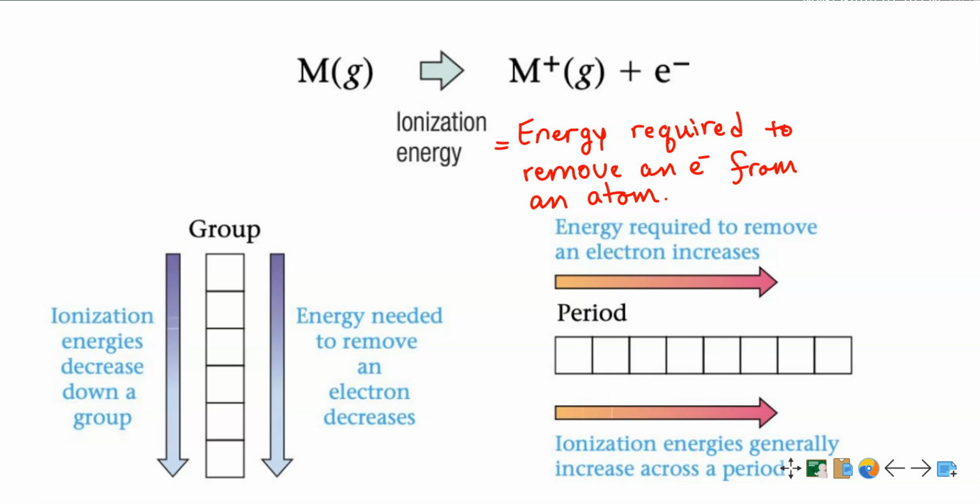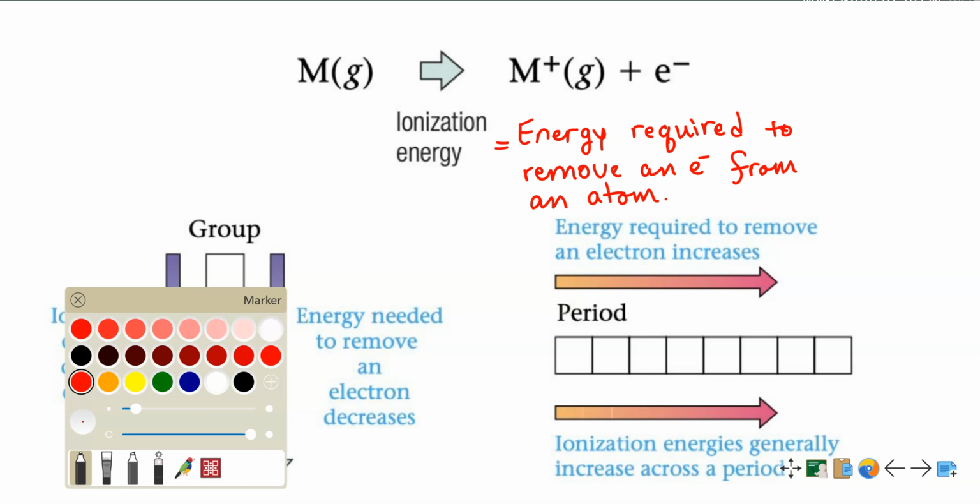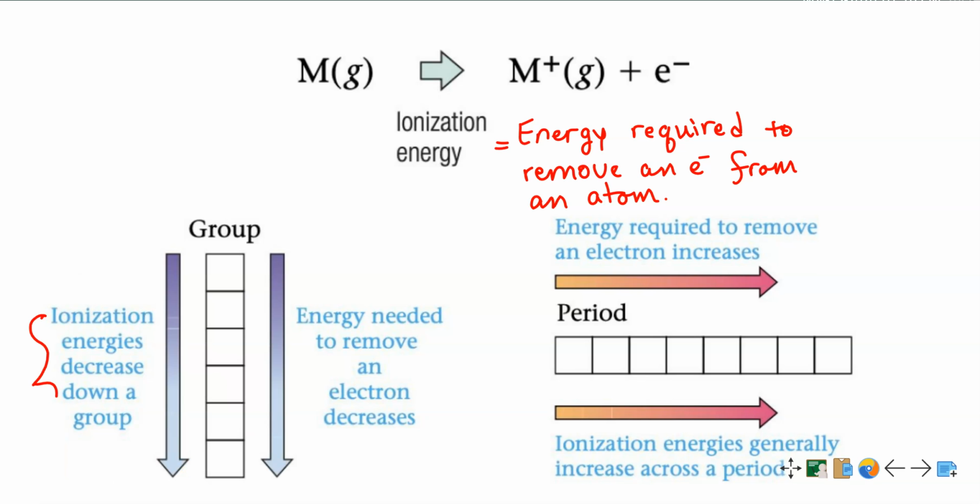Okay, so this is just a basic little chart to help us remember. Ionization energy decreases as we go down a column, meaning it's easier.